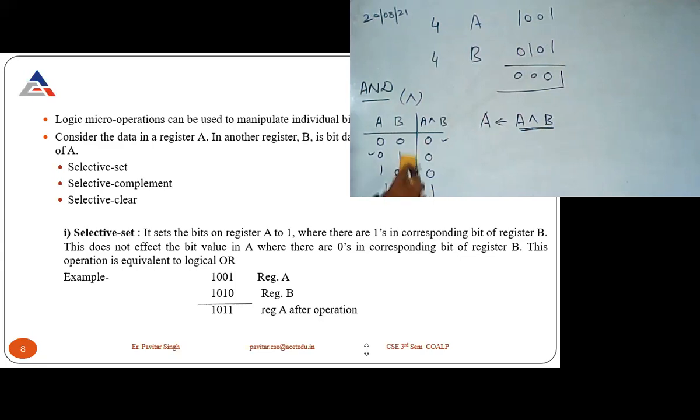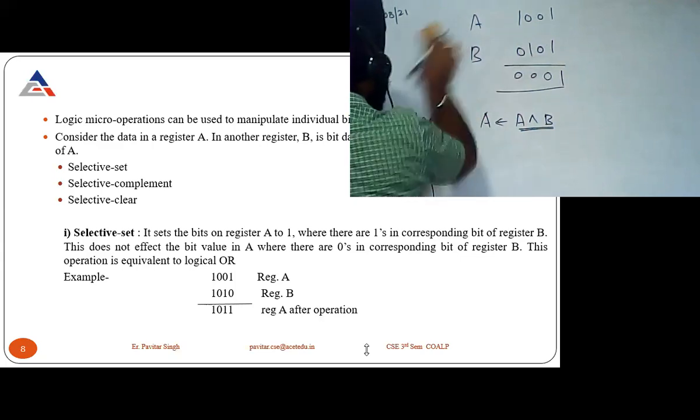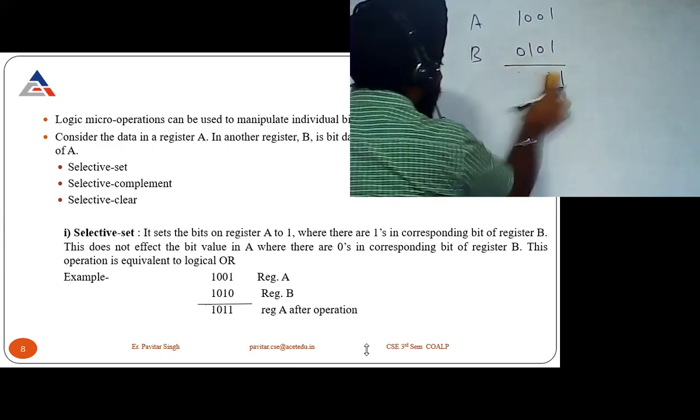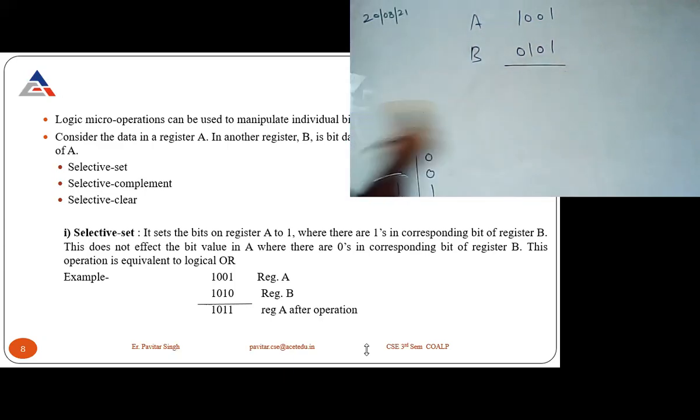Similarly, you can perform the OR micro operation. First of all, you need to know the truth table for OR. For the OR micro operation, you have the A register and B register values 0 0, 0 1, 1 0, 1 1.